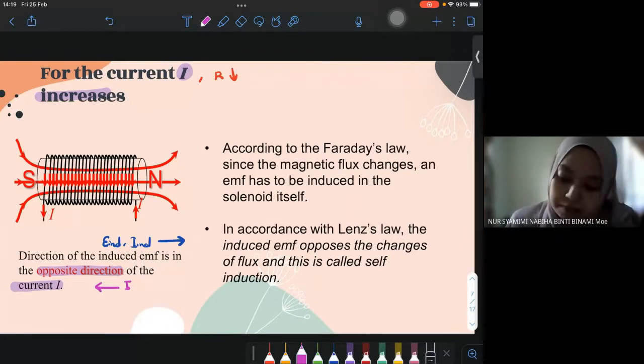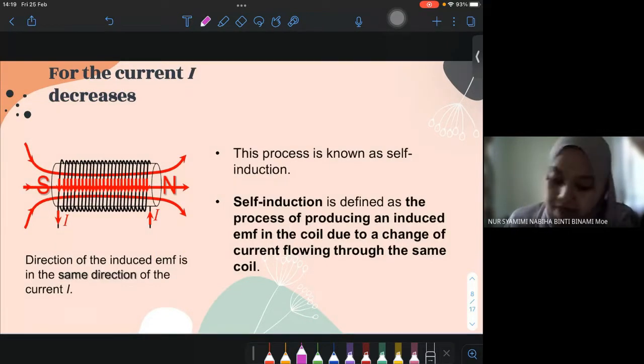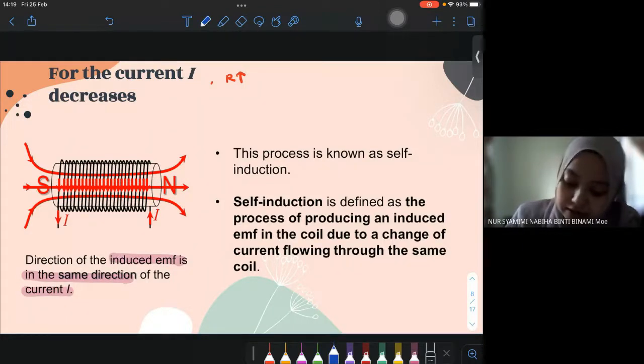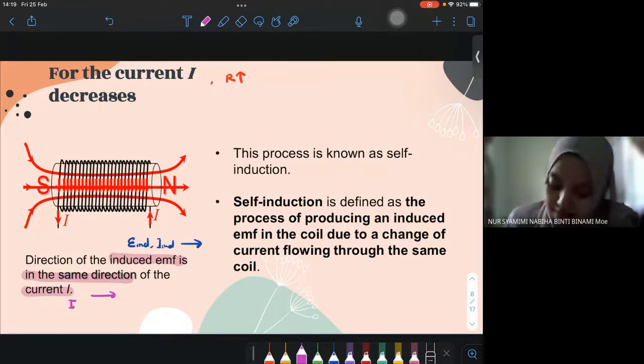But if the current decrease, R increase, the direction of the induced EMF is the same direction as the current itself. So E induced dan I induced akan sama direction dengan current yang asal.